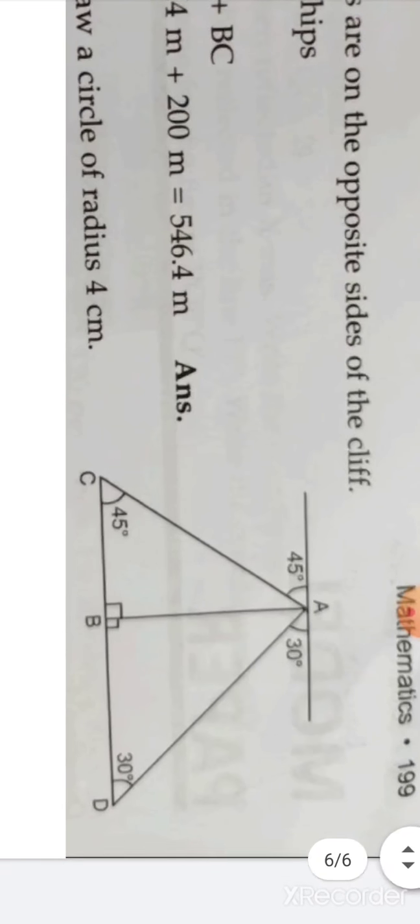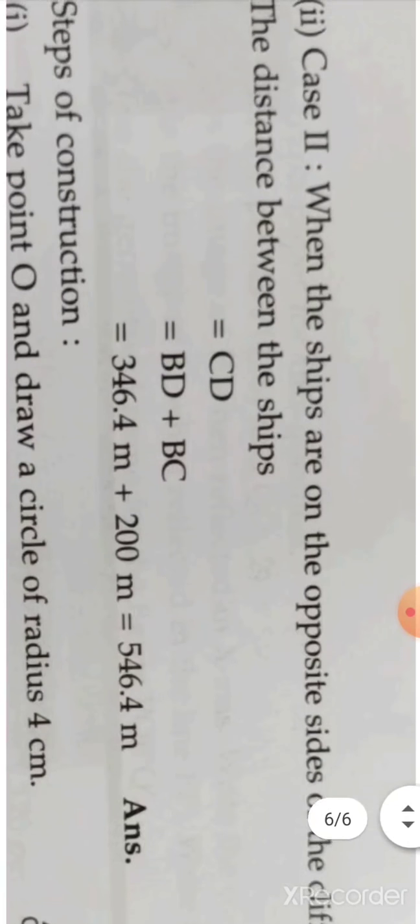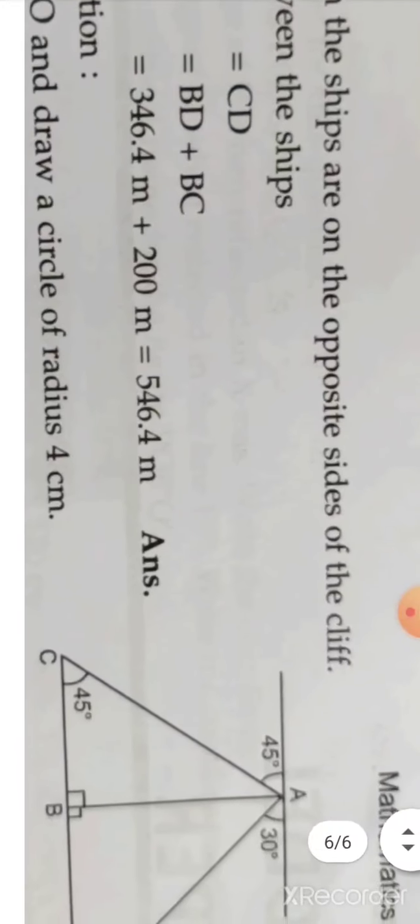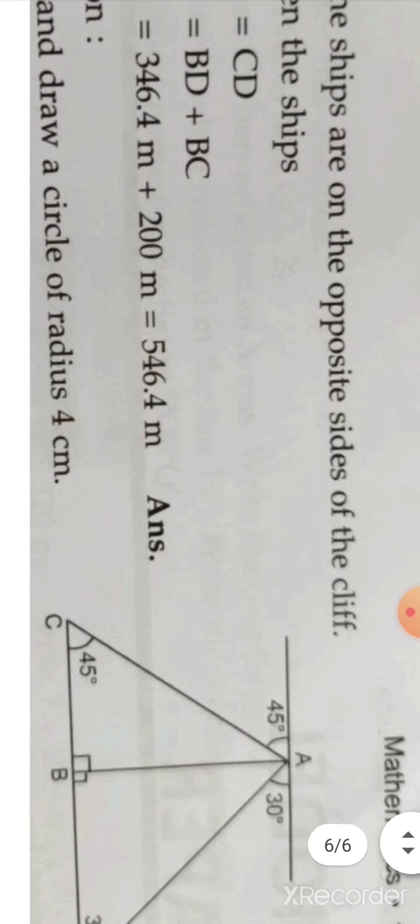See the figure here in which C and D are the positions of the ships. They are on the opposite sides of AB. AB is the cliff, and the angles of depression are 45 and 30. So now the distance between the ships CD is BD plus BC. You need not find the values of BD and BC again.